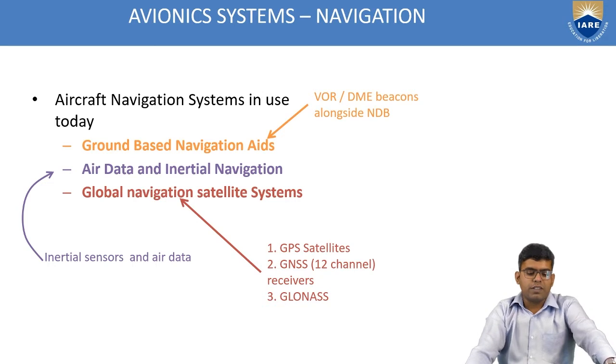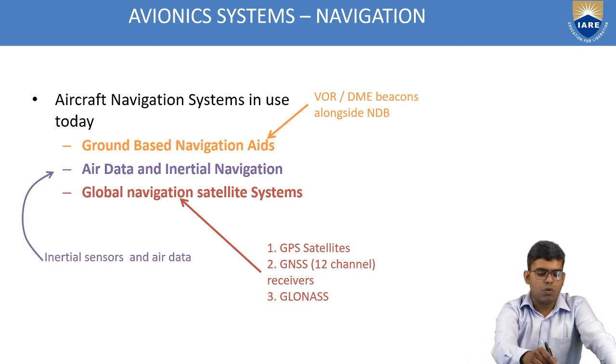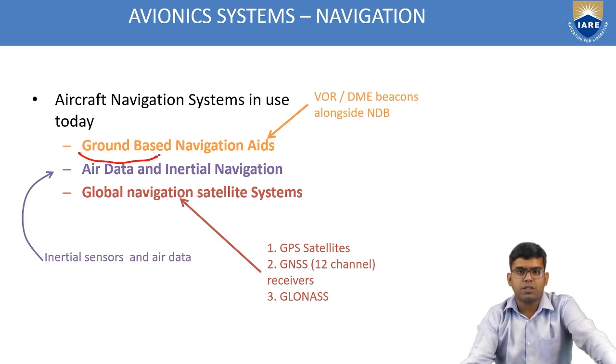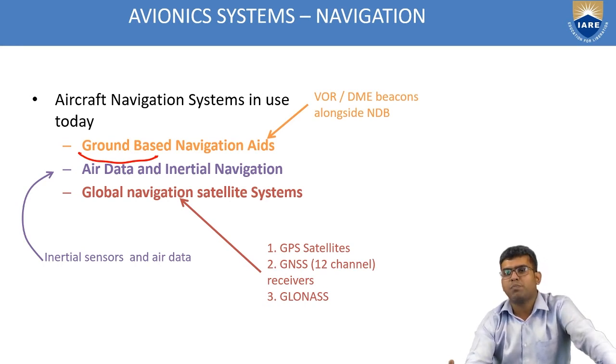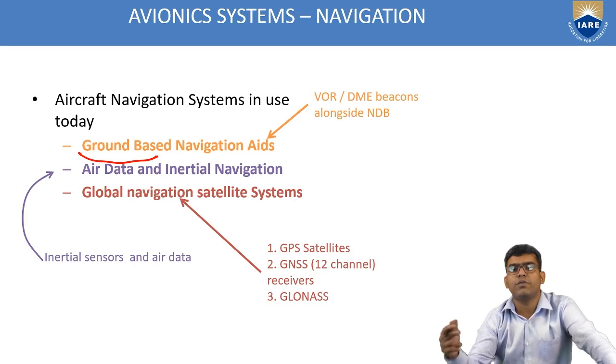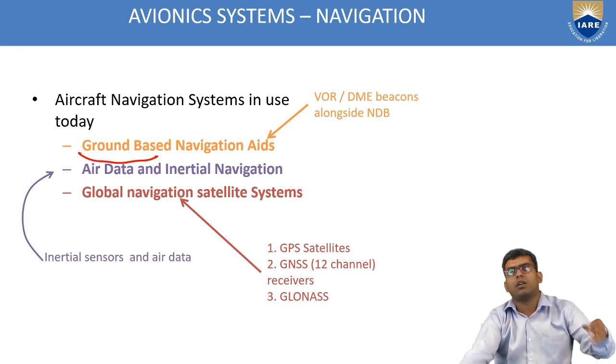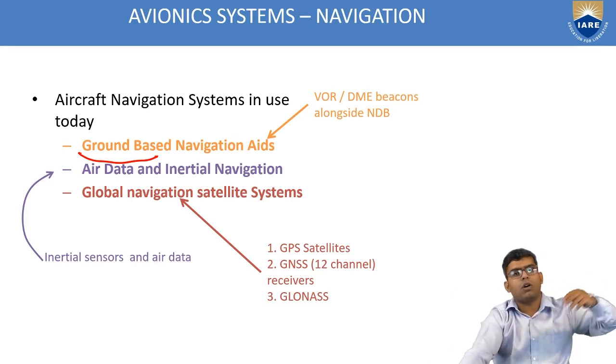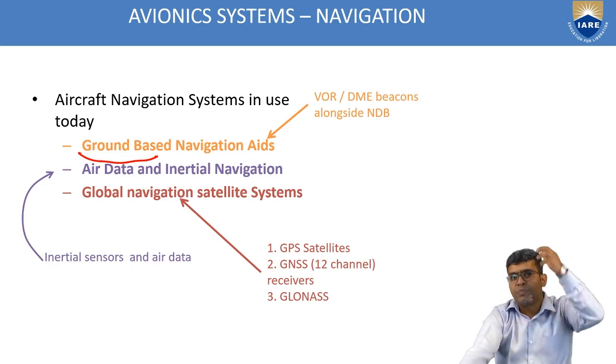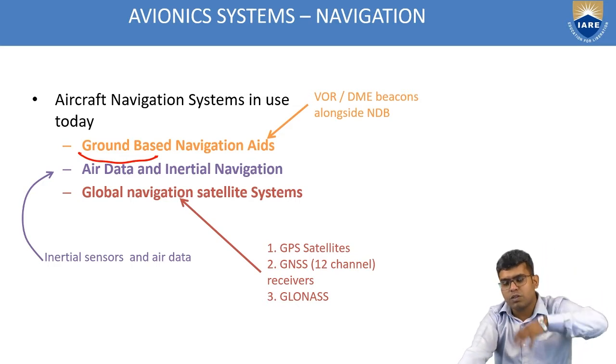Okay, so if I say ground-based navigation system, the name itself says ground-based. That means the sensors or the equipment that help me measure or navigate my aircraft are fixed on the ground. For example, if you're over a continent like continental Europe or North America, or even let's take India, you're in Indian airspace.